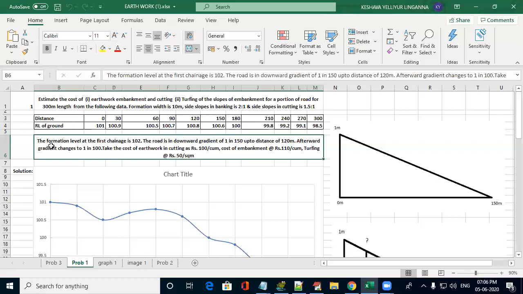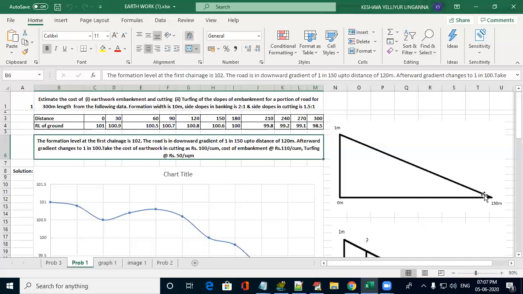Afterwards, the gradient changes to 1 in 100. See, first gradient is, if at the first point, if it is 1 meter, at the 150th point, it should be 0. This is called 1 in 150. At one point, if it is 1 meter, the slope 1 in 150 means after 150 meter, there is a drop in the slope.